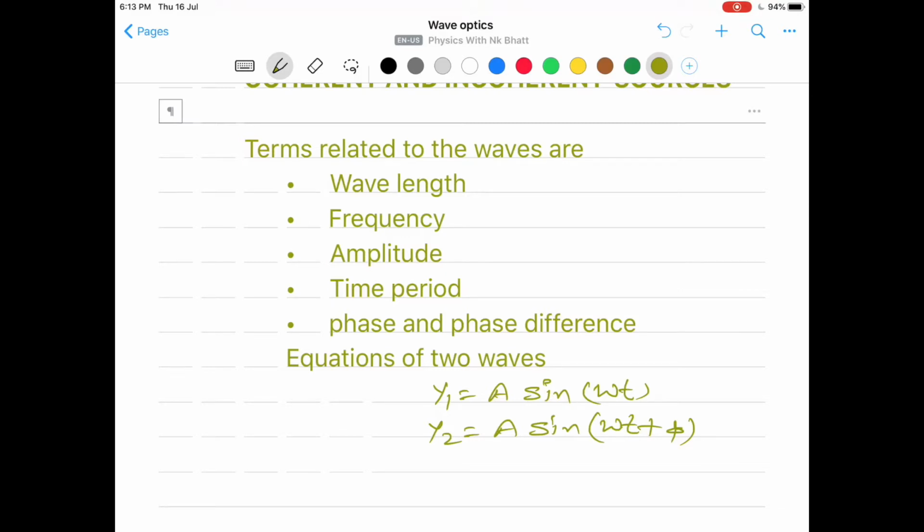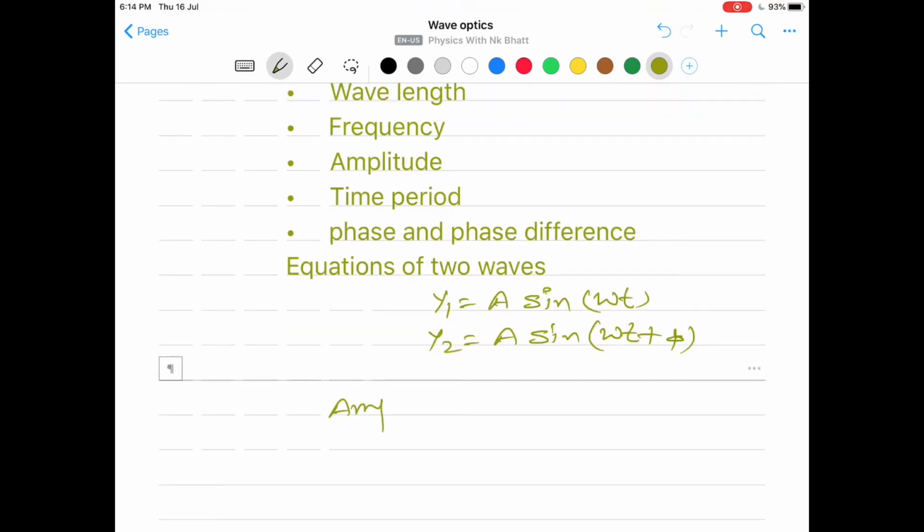A is amplitude. In both the equations, amplitude is the same, and it is A in both the cases. Frequency is also the same.